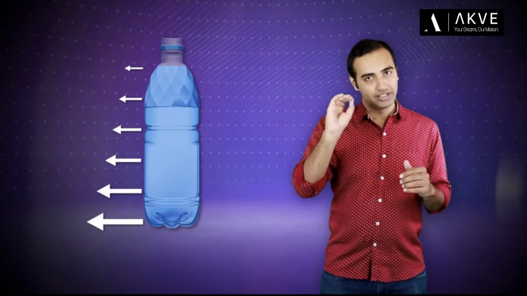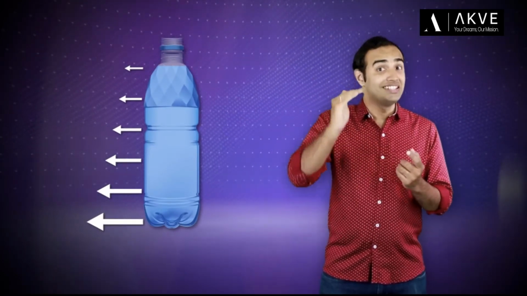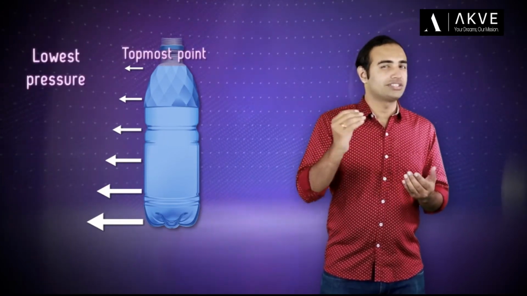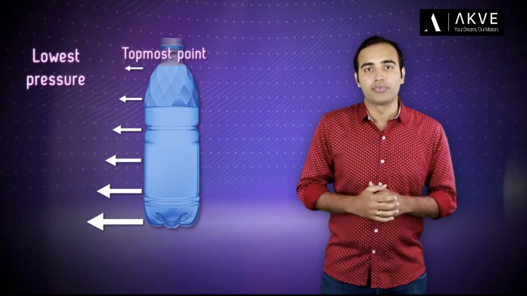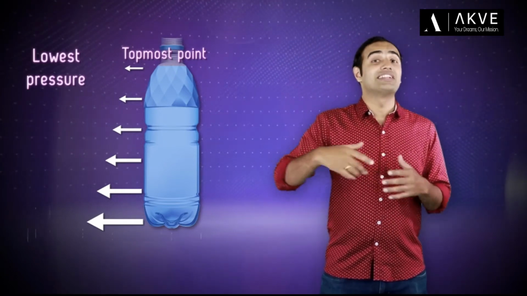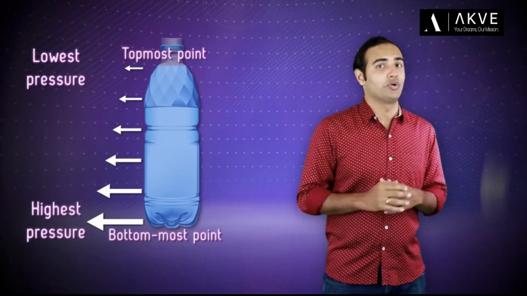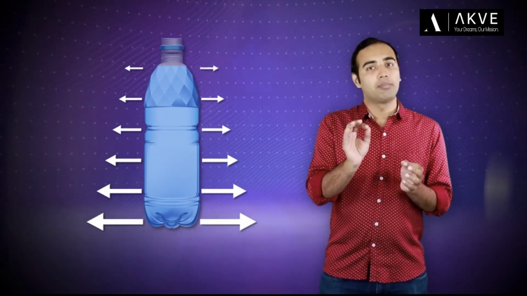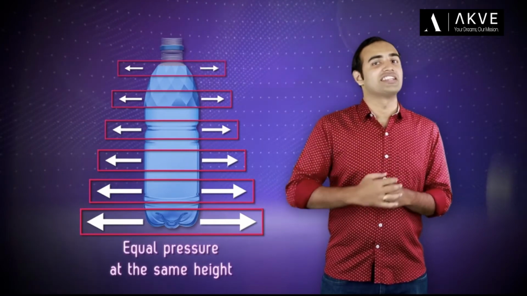So, from the activity we can conclude that as we move upwards, the pressure applied by the liquid on the container's walls decreases. This means that pressure applied is lowest at the highest point of the liquid column, and pressure applied by the liquid is highest at the bottommost point of the liquid column. Apart from that, we also saw that a liquid applies equal pressure at the same height.